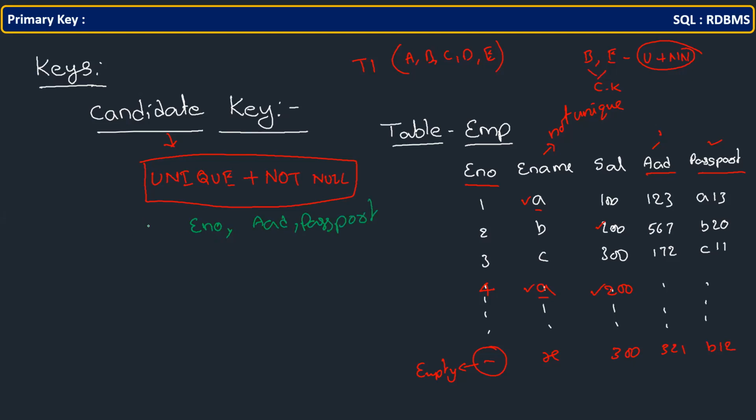These 3 columns are the candidate keys because this column is unique and not null, this column is unique and not null, and this column is unique and not null. Is it or not? So that is the candidate key discussion. Hope that is clear, right?